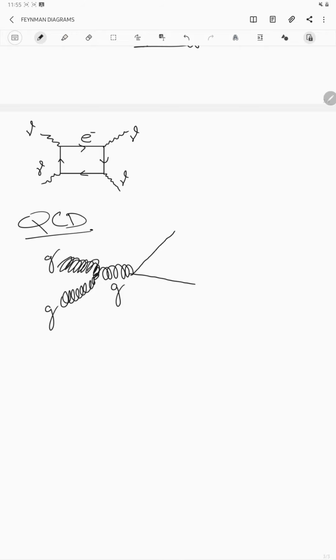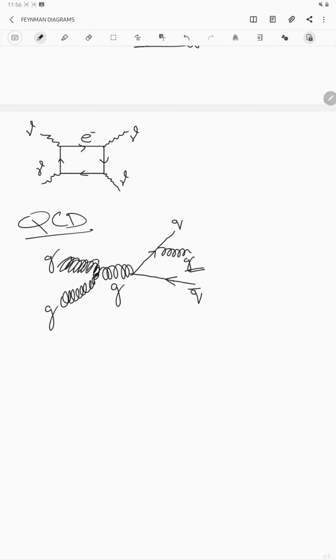These external lines are quarks. This one is a quark, and this one is an anti-quark. You also have another gluon coming out of this, and this one is simply for a radiative correction. The bosons in QCD are gluons, and these external lines that you see here are quarks in QCD.